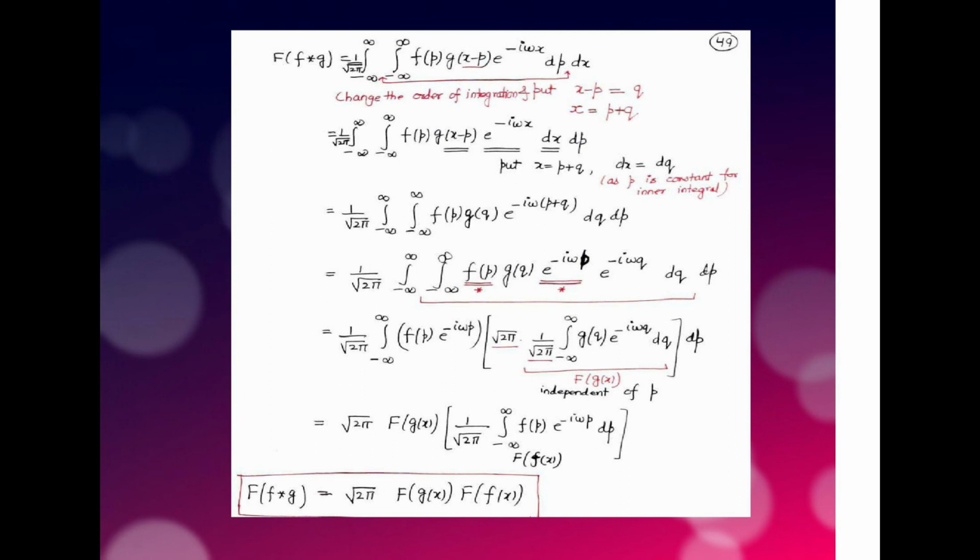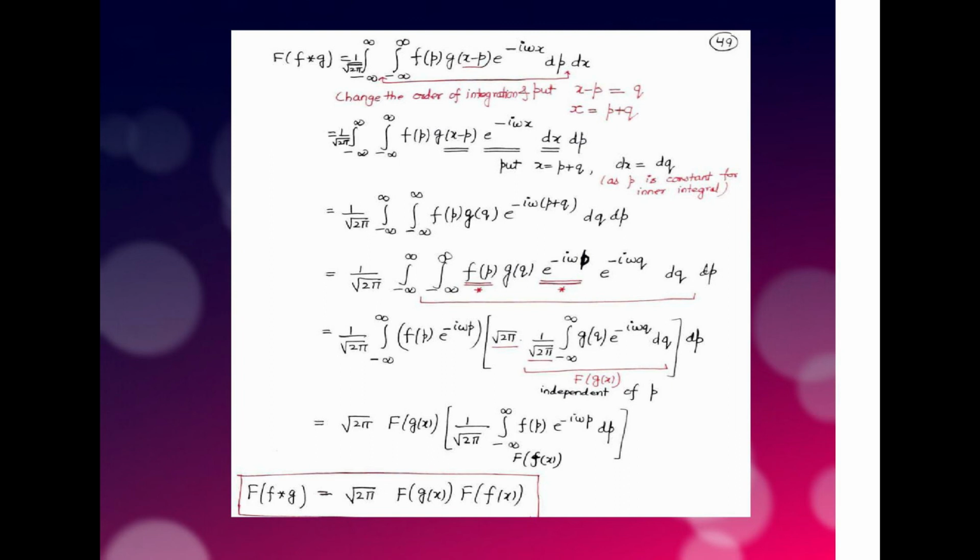For the function g, we have g of x minus p. We define x as p plus q. That is, I am defining x minus p equal to a new variable, that is q. So dx is given by dq. In the inner integral, we are integrating with respect to x.